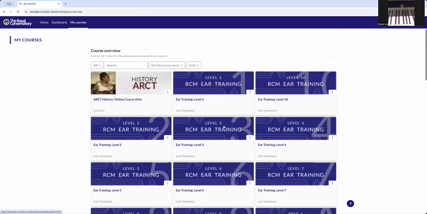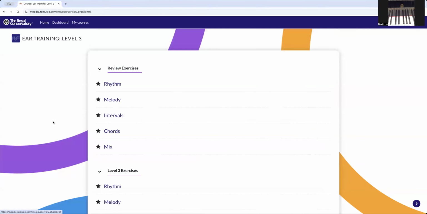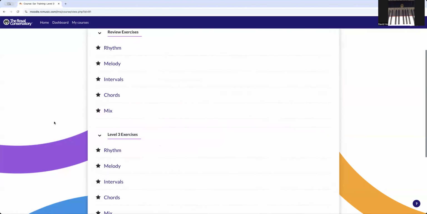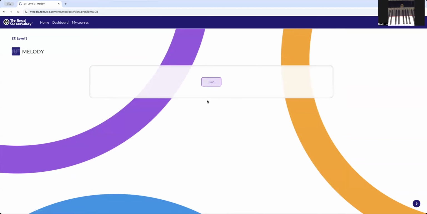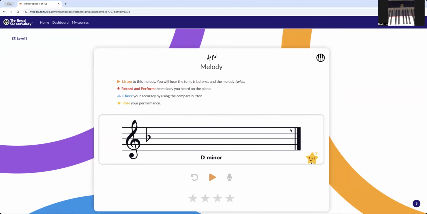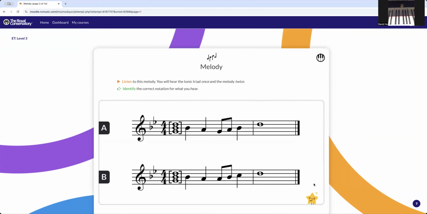Cool. Okay, let's do a very quick level 3 ear training here. This time we're going to do the melody part. We're not going to do the recording.